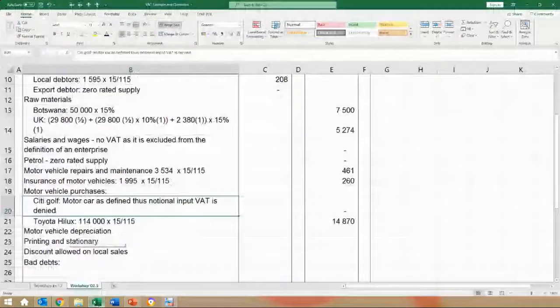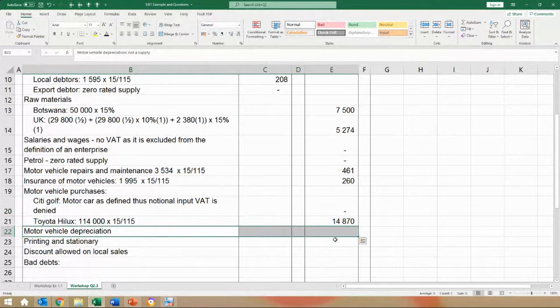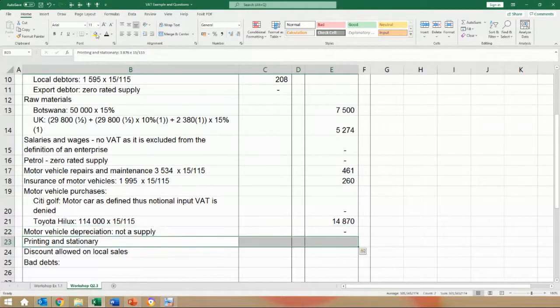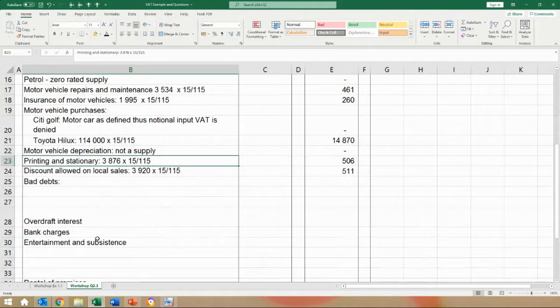So we stopped at motor vehicle purchases last. So we said motor vehicle depreciation is a non-supply. So it's not a supply because of the fact that it's an accounting transaction. Printing and stationery, we said, is standard rated, so it's 15% or 15 over 115 of the amount. Discount allowed, exactly the same scenario. Then the bad debts.